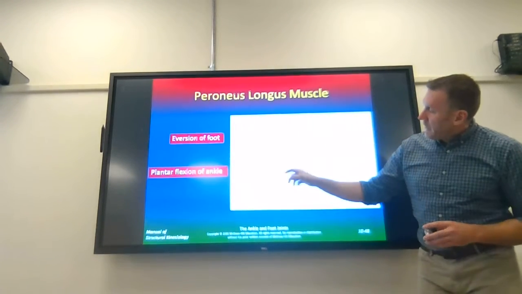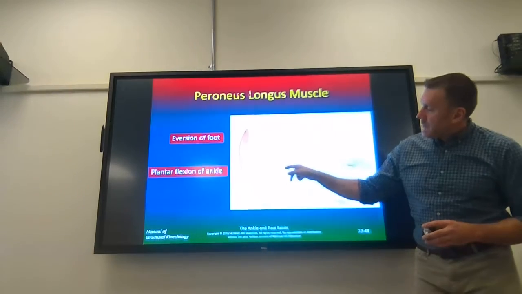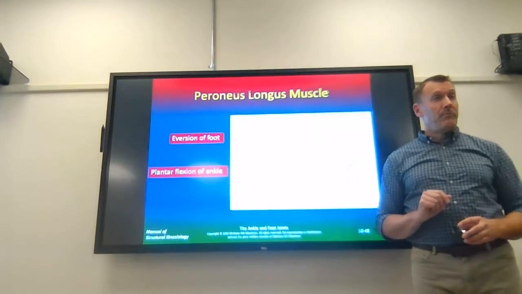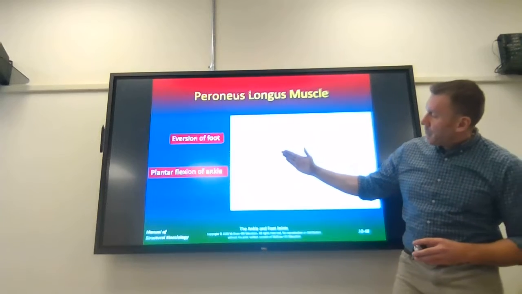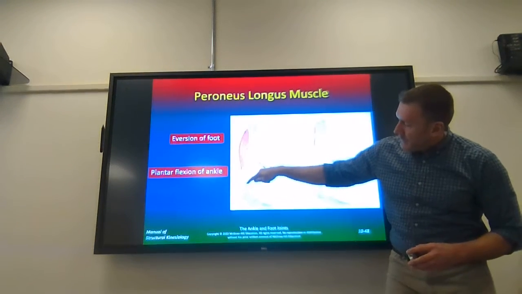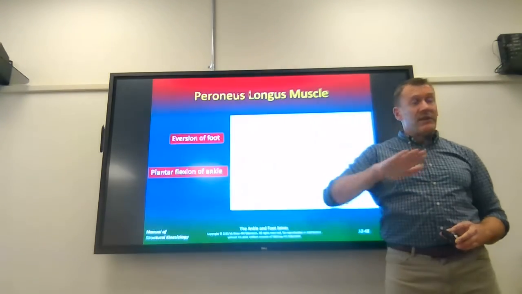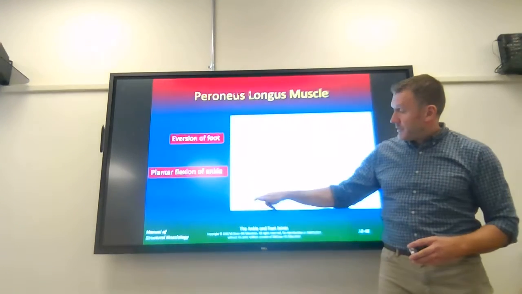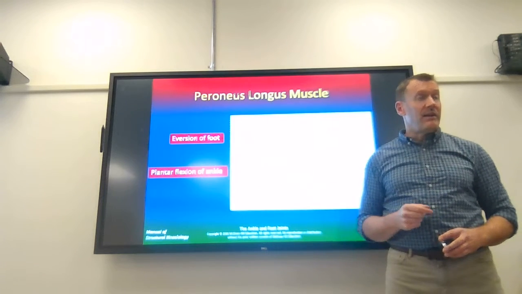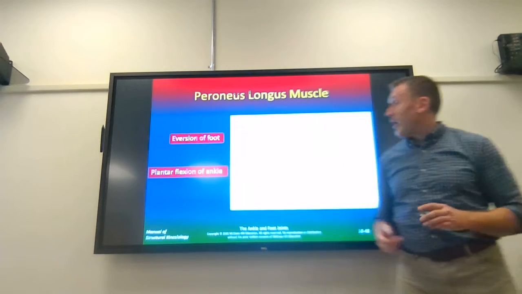So talking about the base of the first metatarsal as well as the medial cuneiform. So this muscle is going to pull in this direction. It's going to pull in this direction. So in other words, if it's pulling up this way, it's going to turn the foot into eversion, turns the sole of the foot out.